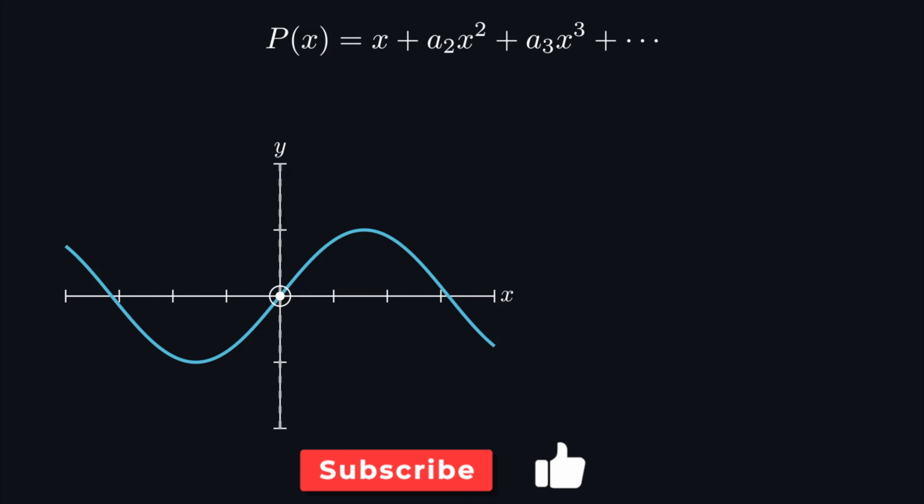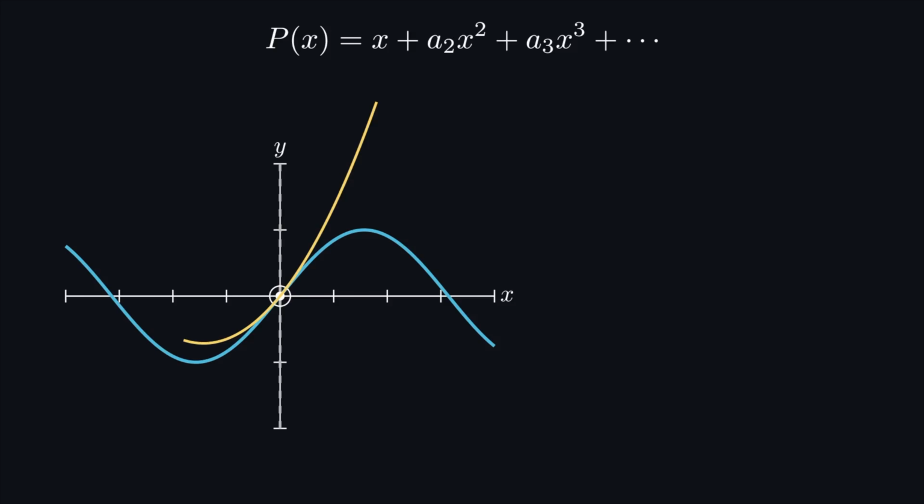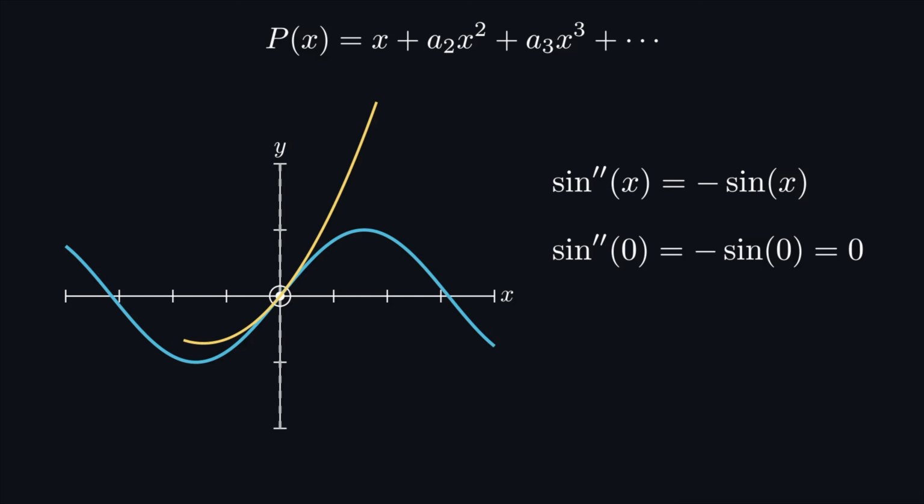Well, we look at the second derivative, because this tells us the rate at which the slope changes. So for sine, if we compute its second derivative, we get minus sine of x. And at 0, this equals 0. So this tells us that right at the origin, the sine curve isn't really curving upwards or downwards just yet. And following like we did previously, we force our polynomial that we're building to have the same second derivative at x equals 0.